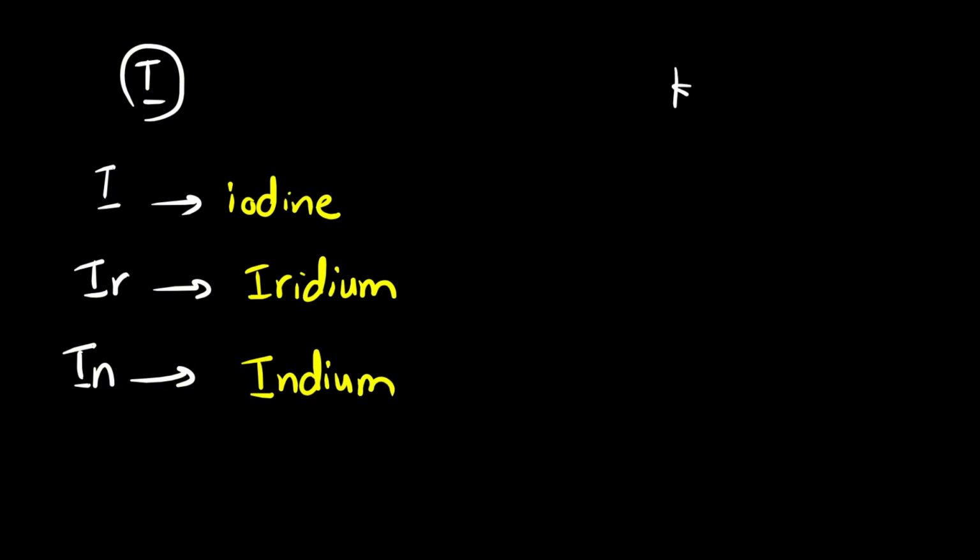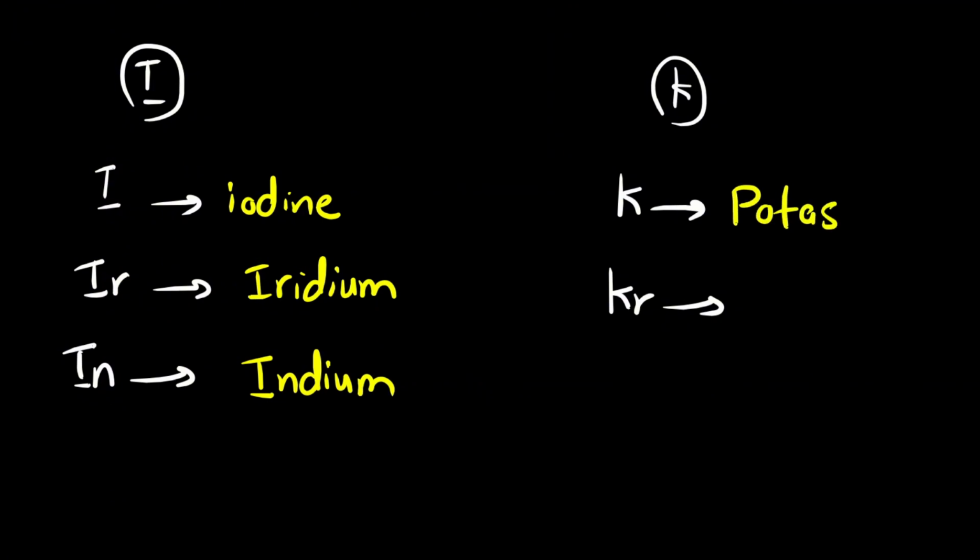And for the K letter, you've got two things, which are K itself and Kr. K itself is potassium. It doesn't start with the letter K, but the symbol that corresponds to it is the letter K. And Kr is krypton. And krypton, as I told you earlier, is also a noble gas.